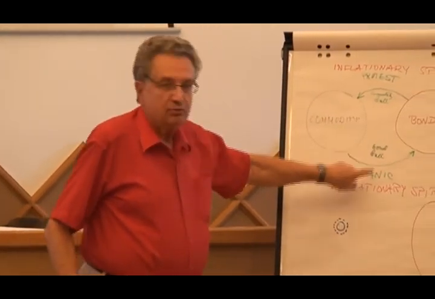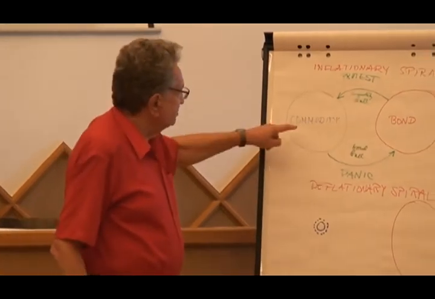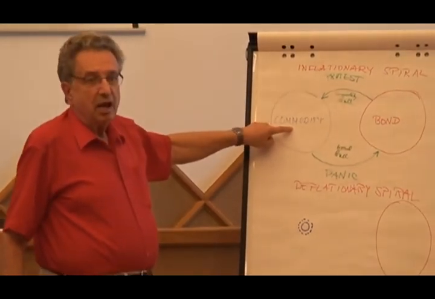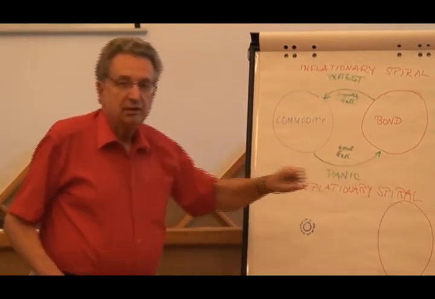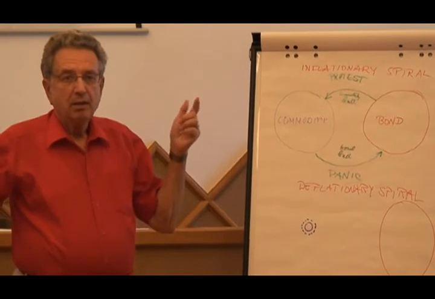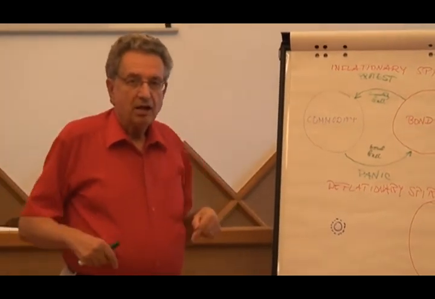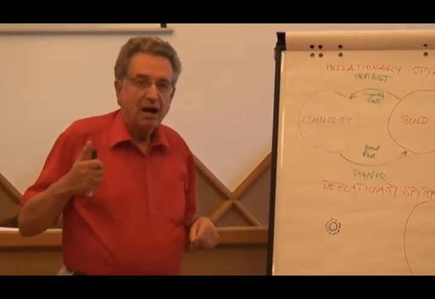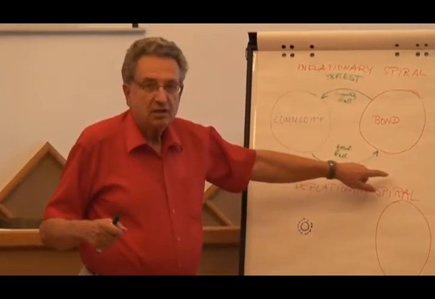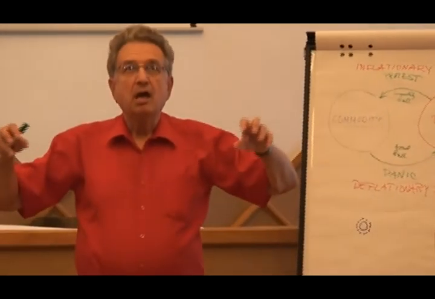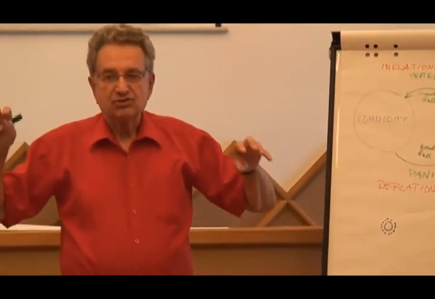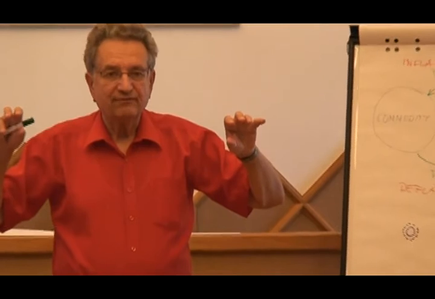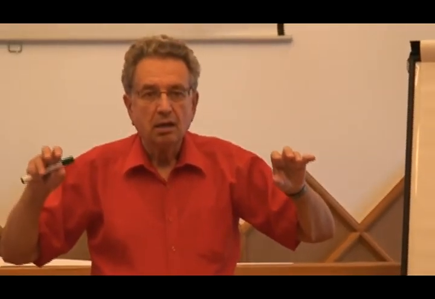What about bond bull? What happens to commodity prices in the bond bull market or in the deflationary spiral? Go down. Bond prices go up, which means interest rates go down. So again, when you take the commodity prices and the interest rates together, you observe that they move in the same direction again.